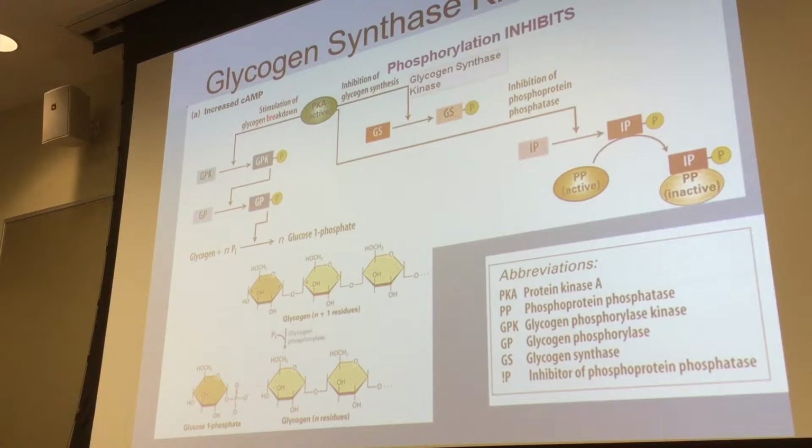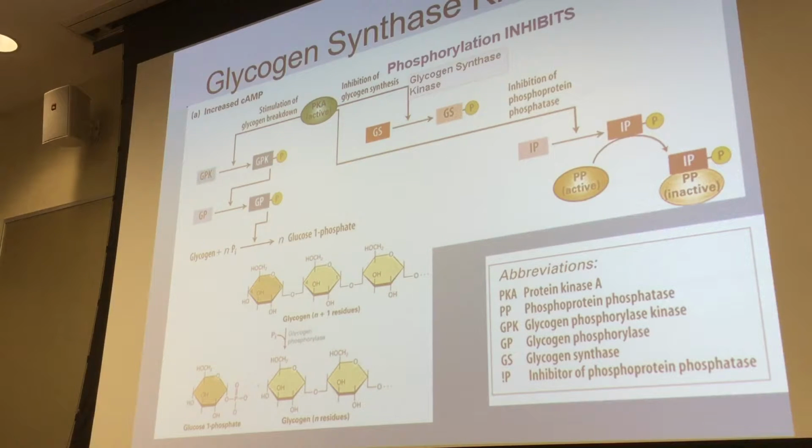So we need to be able to respond to, let's say, a flight or fight response when epinephrine is released, or in the liver, more likely it would be glucagon's normal regulation of maintaining blood glucose levels. So either one of those G protein coupled receptors can be involved in allowing our glycogen breakdown in response to a need for blood glucose to get to the brain.